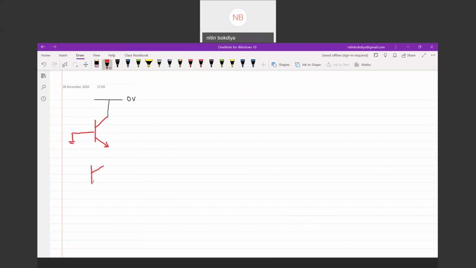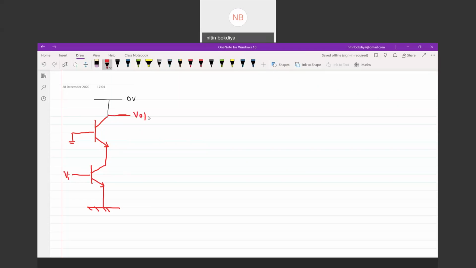Now the purpose of everything is very clear. What we want is a good quality of high resistance. This is Vi, and we take the output from here.